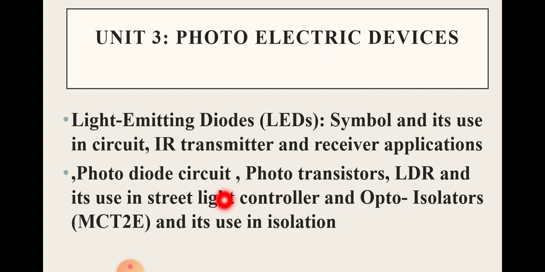Opto isolator, and its use in isolation. So you know that in automatic control of street lights, at night the light will be on automatically and in the morning it will be off automatically. So how does it work? That we are going to study in unit 3, that is the actual application in day-to-day life.